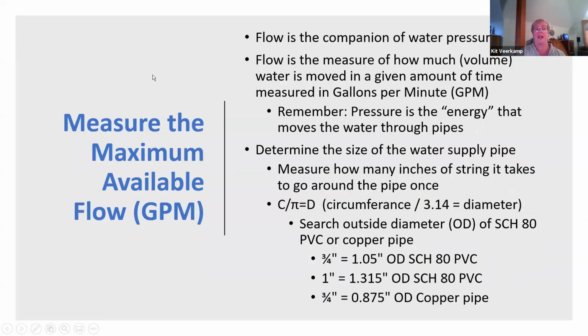So flow is the companion to water pressure, and you need to know what that is too, because you need to know how much water you have to work with. Again, the 5/8 inch meter is what most of us have if you're in a city or a municipal water system. We're way out in the country, but we have domestic water as well as a well. Our domestic water meter, a tenth of a mile down the driveway, is a 5/8 inch meter.